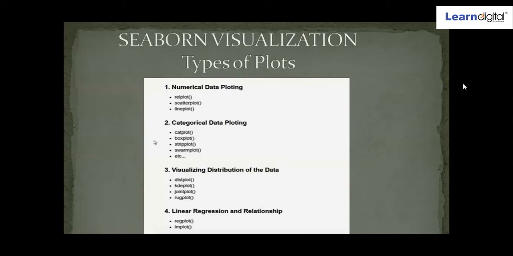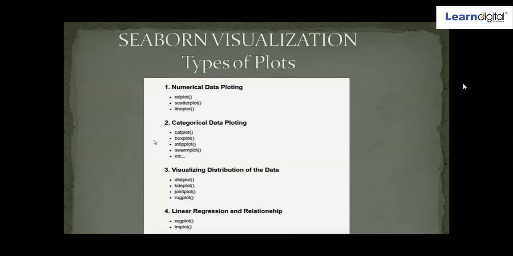Categorical data plotting. This is the next type of plots. In this we can use text data. That means not only numbers, we can also use text data. In this again we have different types of plot: categorical plot, box plot, strip plot, swarm plot, and so on. So how will we be using this?